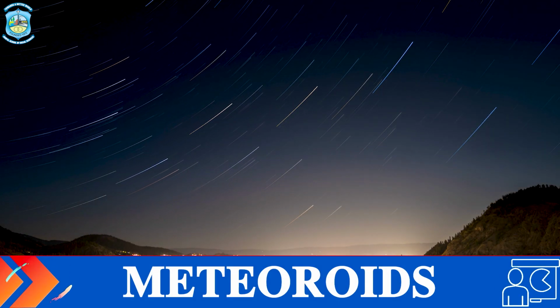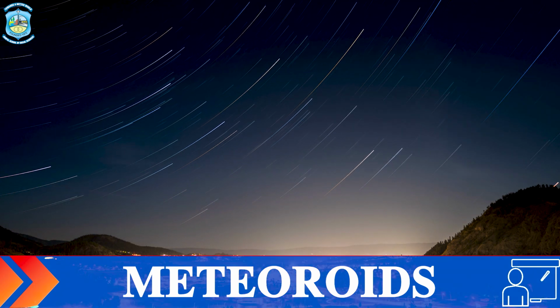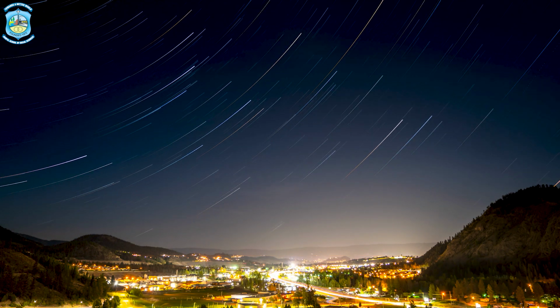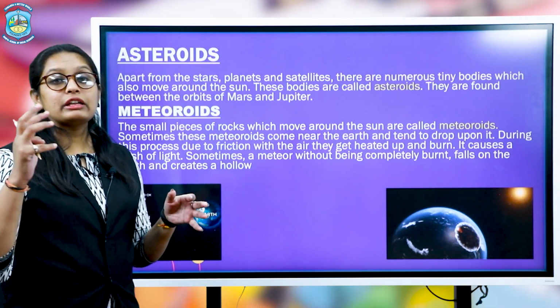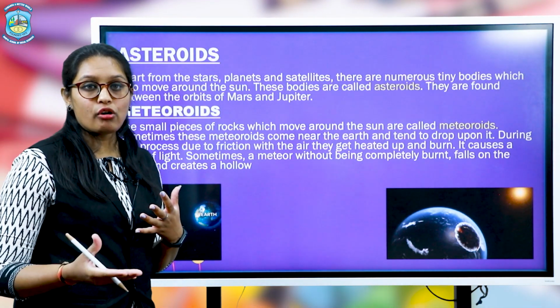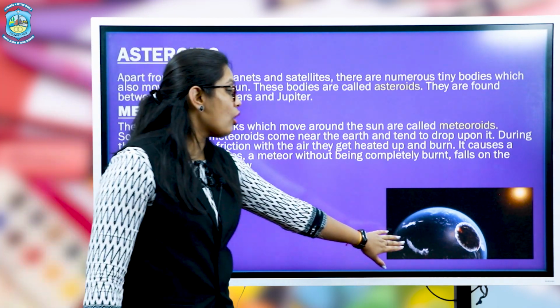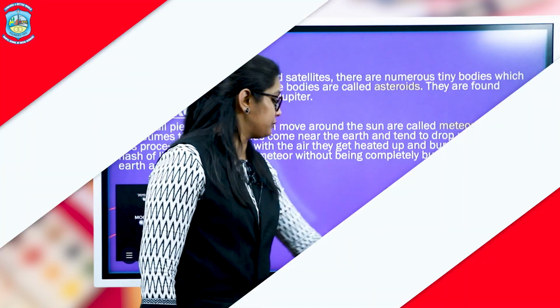Our next topic is meteoroids. The small pieces of rock which move around the sun are called meteoroids. Meteoroids are very fast, and when they come close to the Earth, because of the heat, sometimes they get burned off, and if they are not burned off, they make a hollow in our Earth.